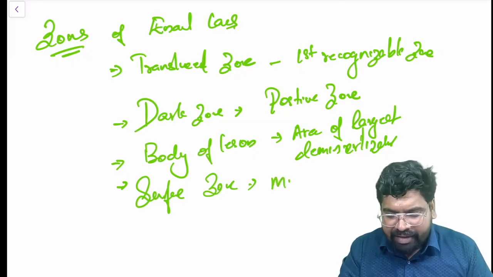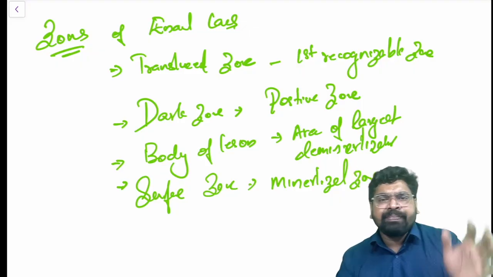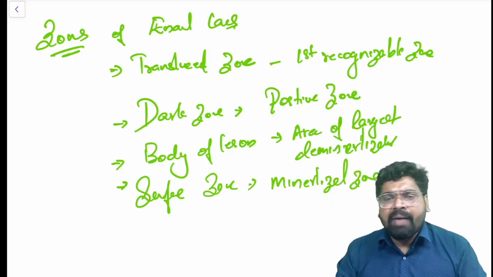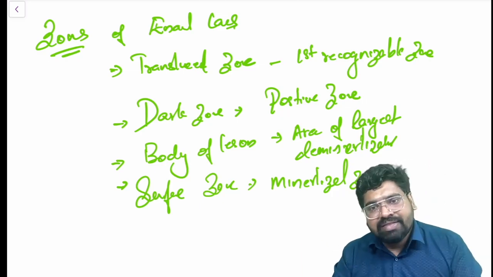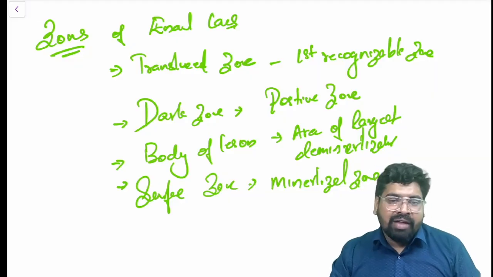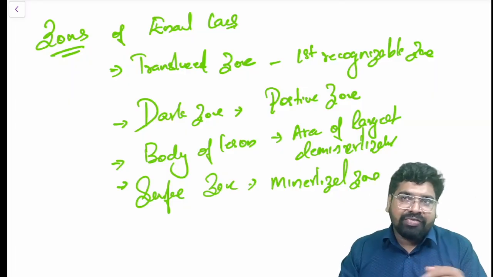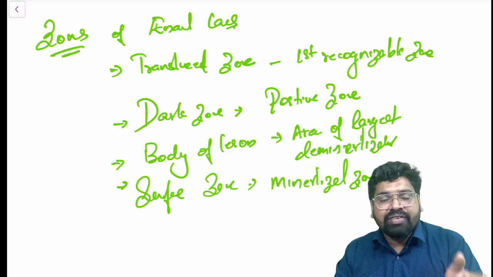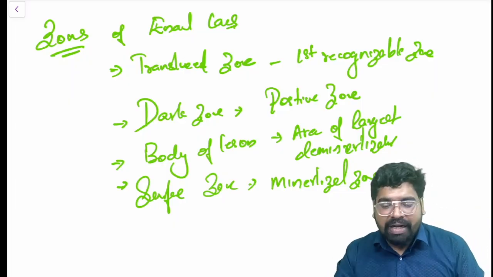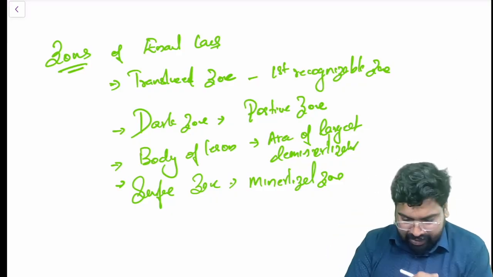If you have a caries in the enamel, the outer surface of the caries is more mineralized than the inner part, because on the surface there will be calcium deposit from our saliva. So these are the 4 zones of your enamel caries.